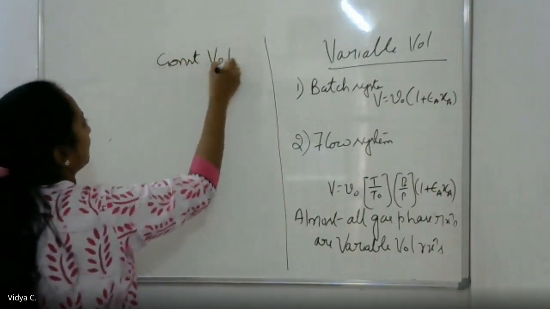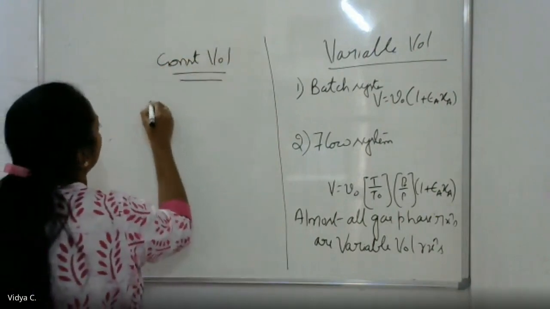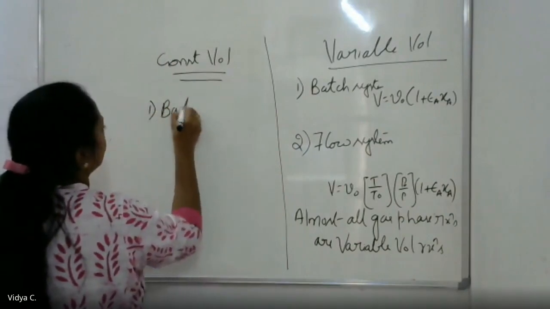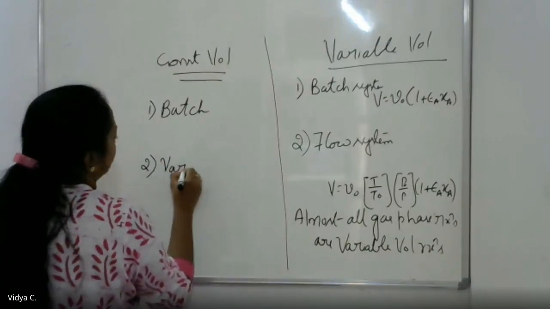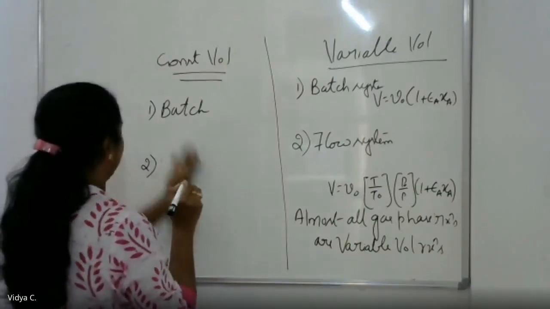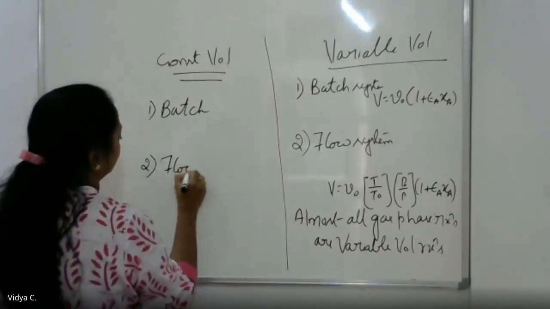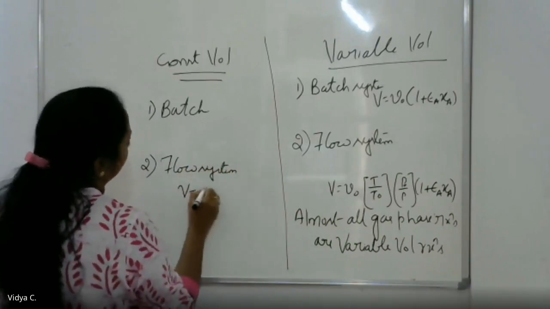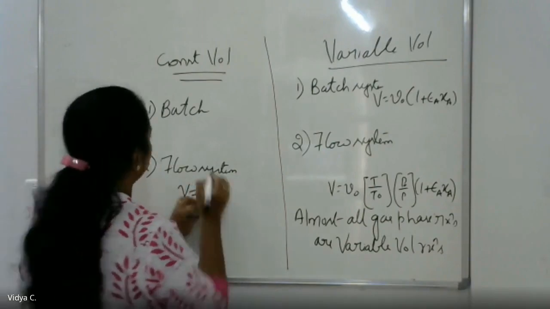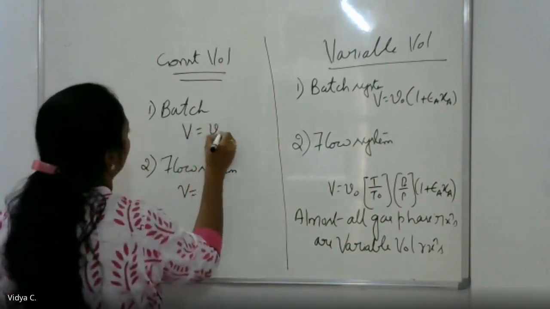Now the same for constant volume. Constant volume batch system, constant volume flow system. This is V is equal to V naught.